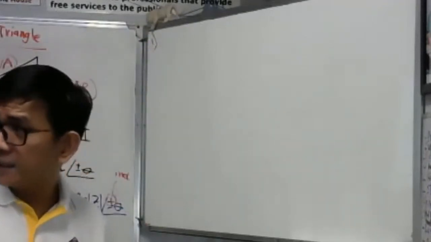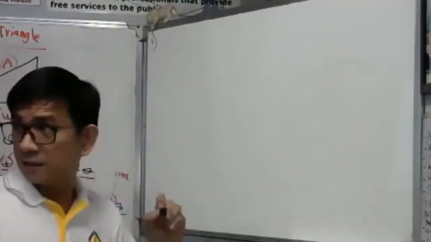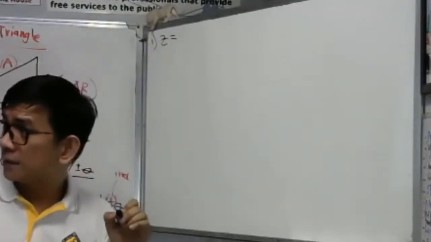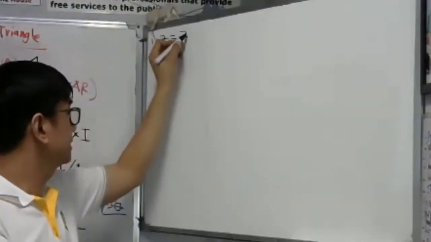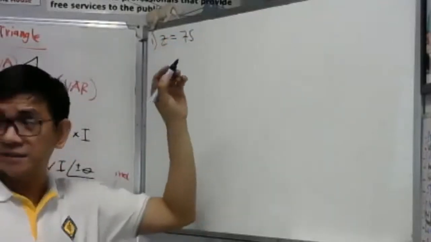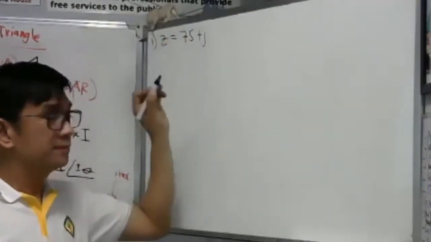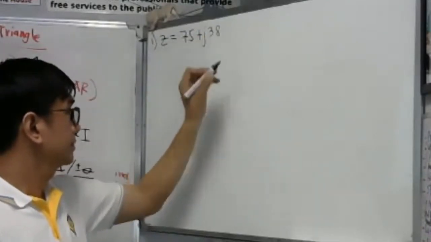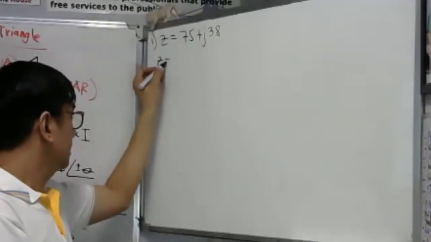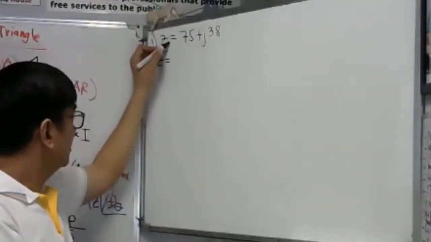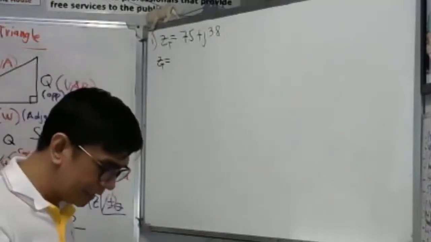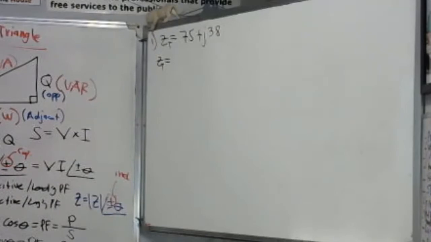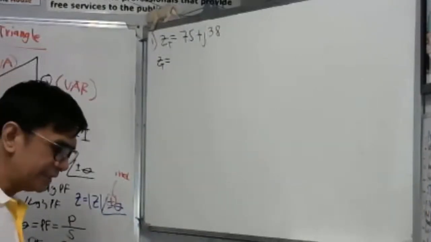We can go directly to solving our impedance. Our Z is equal to 75 plus j38 ohms. This is actually our total impedance for this RL series circuit. Let us convert this one.